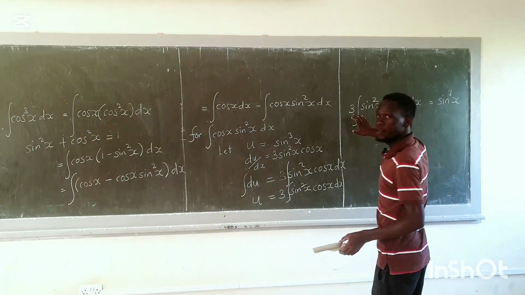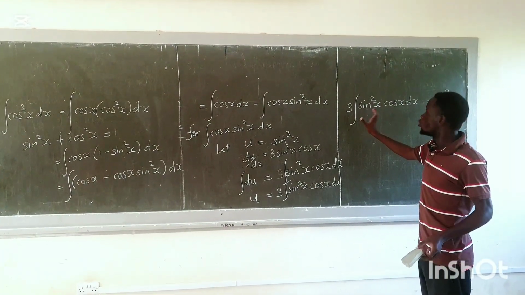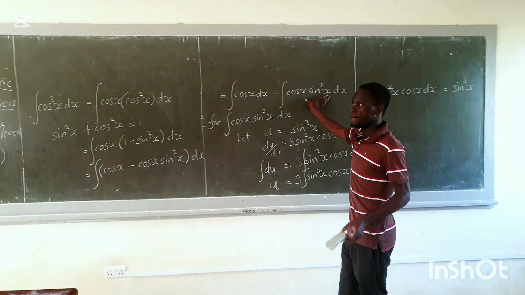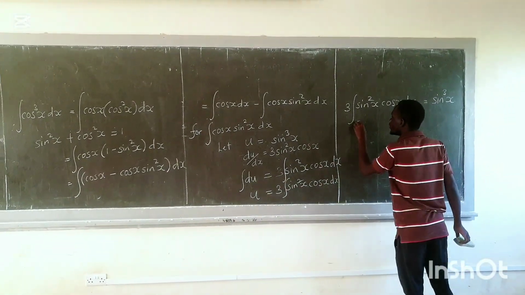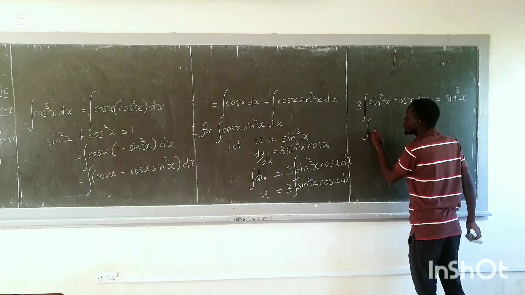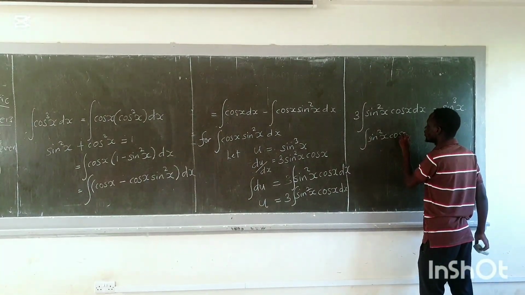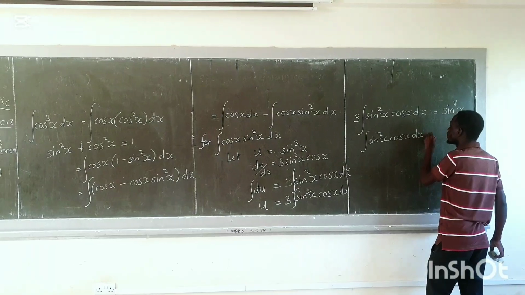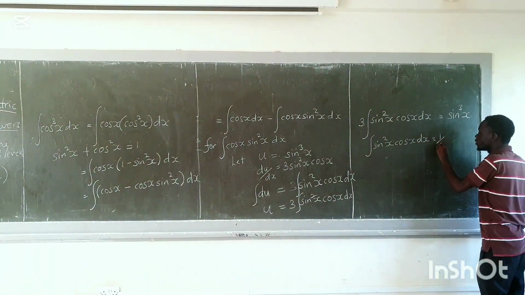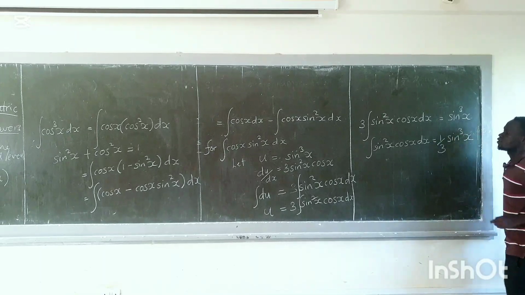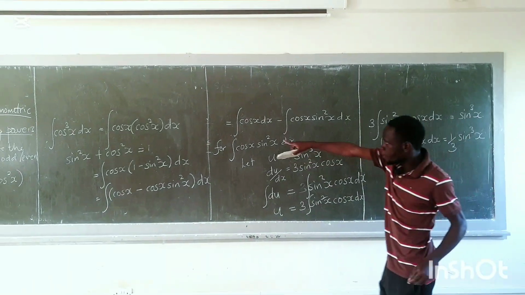So I divide both sides by 3 in order to get the integral similar to this. So at the end of it all, the integral of sin^2 x cos x dx is equal to a third sin^3 x.